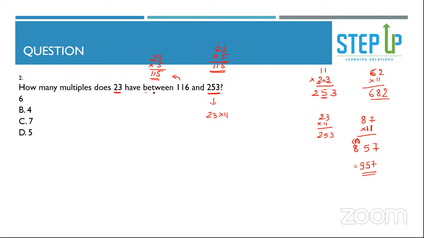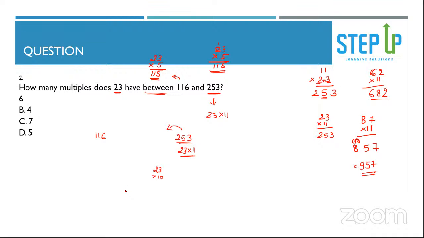Okay. Now looking at this 253, I know that this is nothing but 23 into 11, right? But they're saying between 116 and 253. So I don't have to take 253. I have to take a number before 253 which is divisible by 11. So if 23 into 11 is here, it means that before 253, it is 23 into 10.